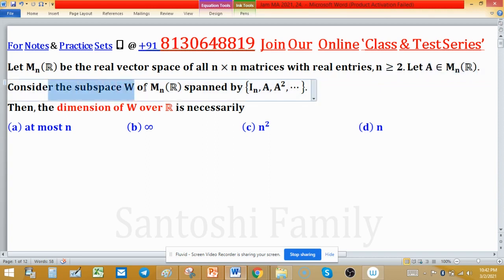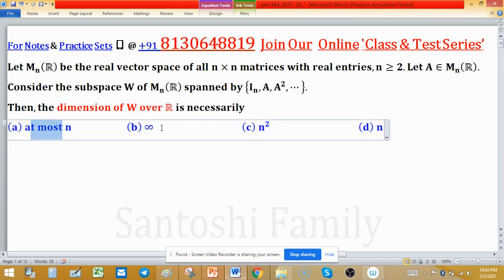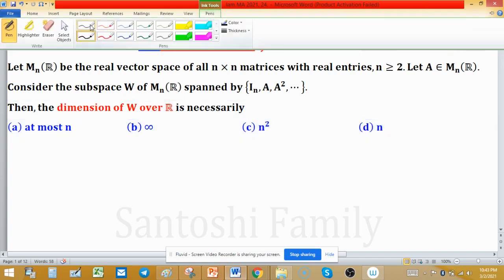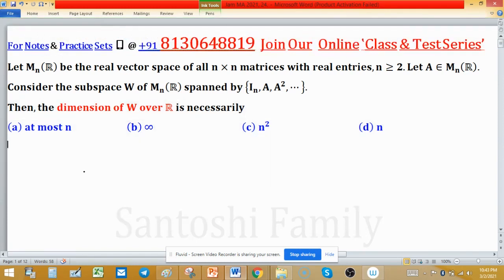Consider the subspace W of M n(R) spanned by this set: identity matrix or unit matrix of order n, matrix A, A square, and integral powers of A. Then the dimension of W over R is necessarily at most n, infinity, n square, or n. Four options are given to us, and we have to find which option is suitable.